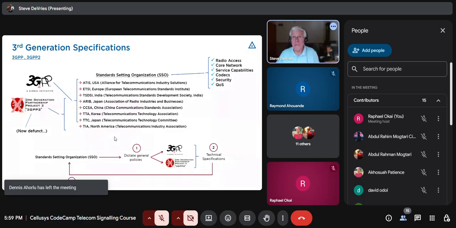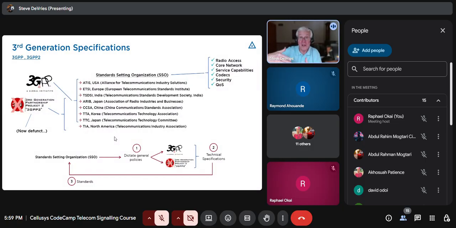Today, basically the only mobile communication standards group in the world is the Third Generation Partnership Project, even though it's the same group that writes fourth generation and fifth generation standards, and they called themselves 3GPP. It's almost like they jumped the gun, like no one was expecting there to be a fourth and a fifth generation. But anyway, that's what it is.